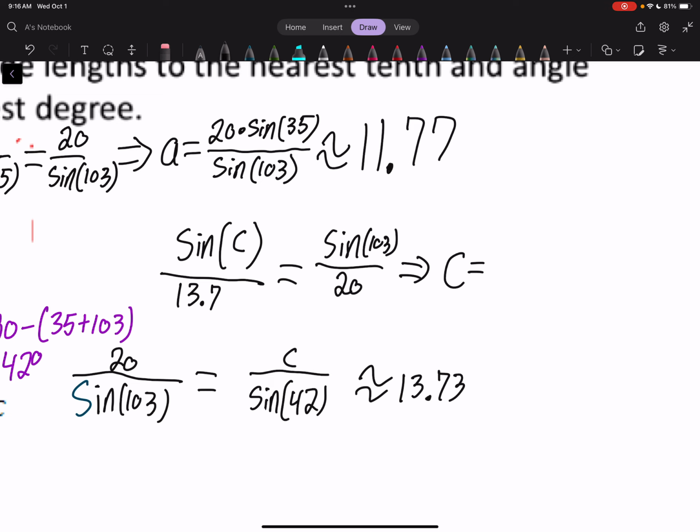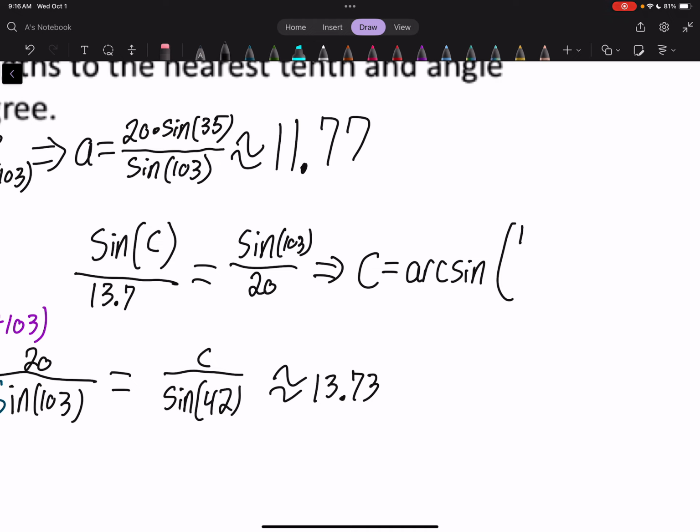So C is equal to the arc sine of 13.73 times sine of 103 divided by 20.